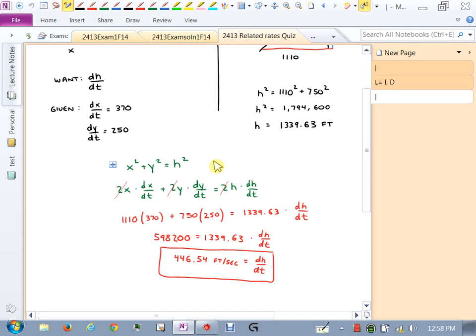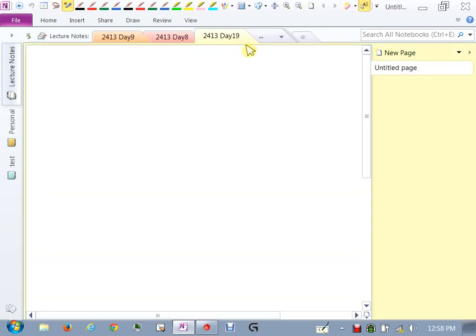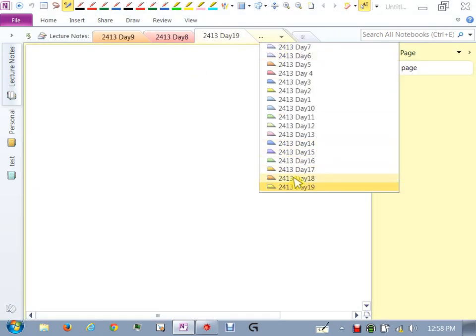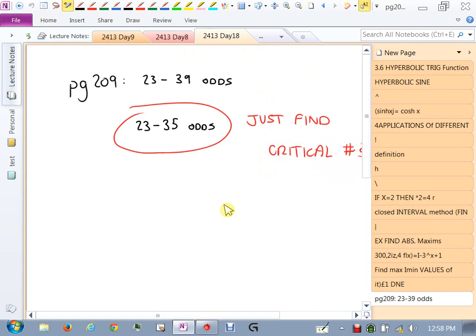4 point what? We will get to the mean value theorem today. We are going to spend a little more time on max mins because we've just scratched the surface on that. I think for homework I've given you 23 through.